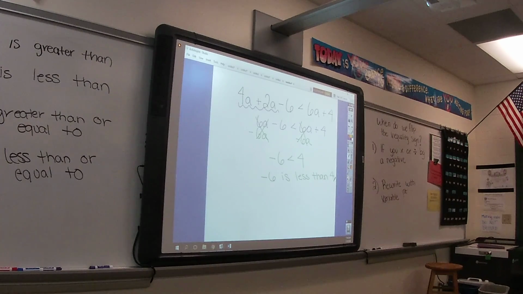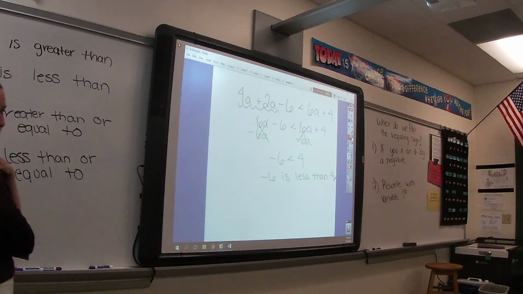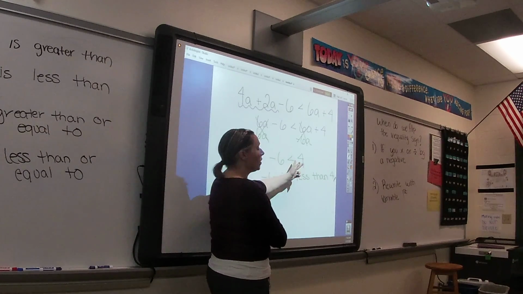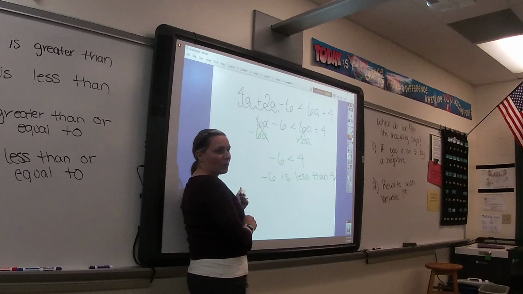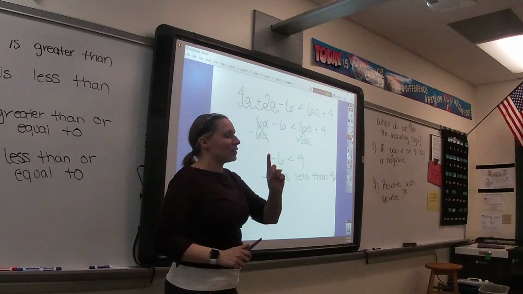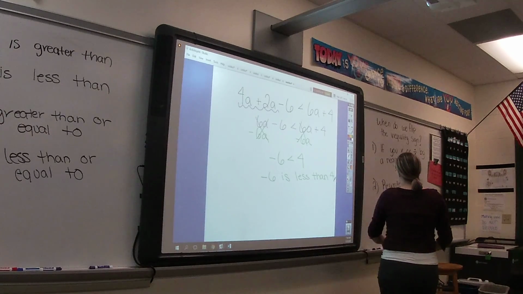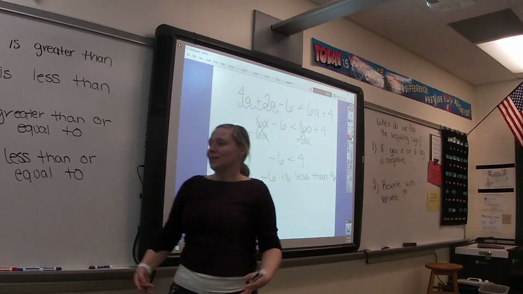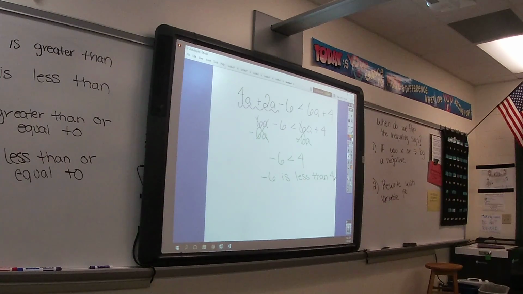So if it's a true statement, what did we say the answer would be? We don't want to switch this, we want to keep it the same. Do you remember what our answer was if we got a true statement? Many solutions. Infinite. Yes, okay. Remember, you're not telling me a lie. But how many solutions does this have?